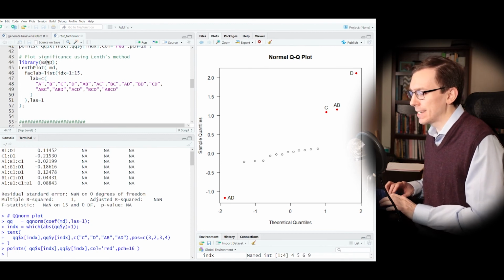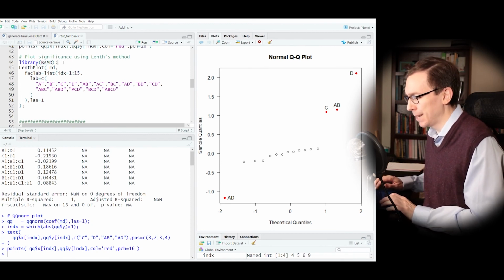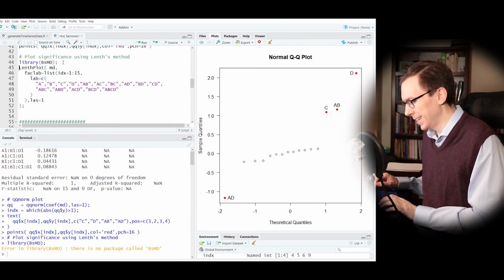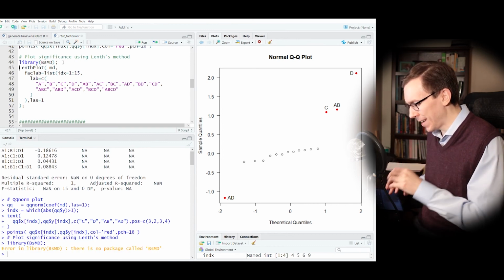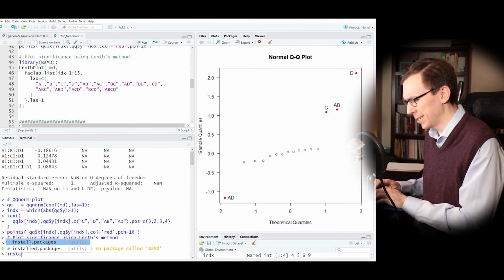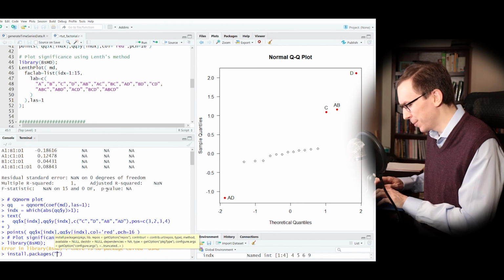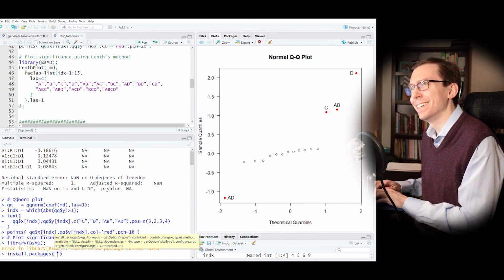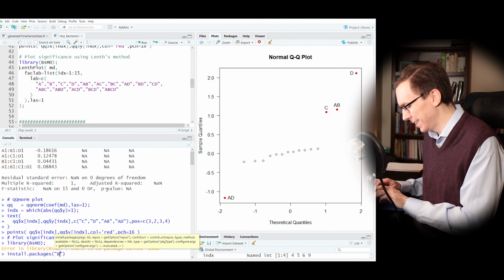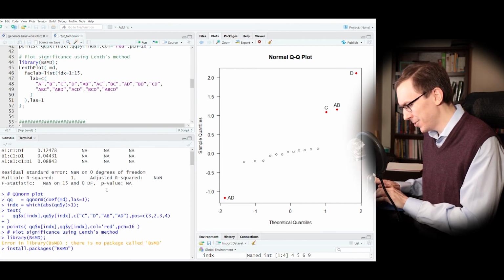Lenth's method is hiding in the BsMD library. I forget what that stands for. Of course, I don't have it installed on this laptop, which is very strange, because I'm sure that I've done this example with this laptop, which I've had since I started teaching this course in 2018. Why that's the case, I'm not sure.